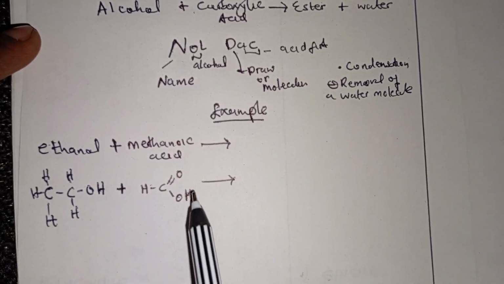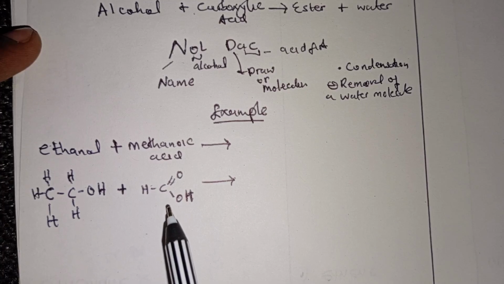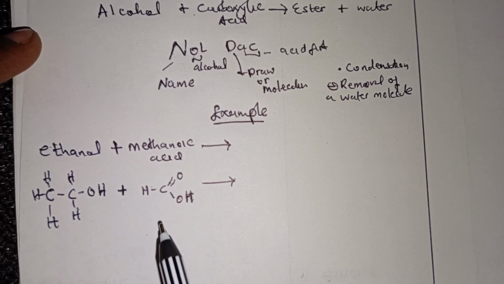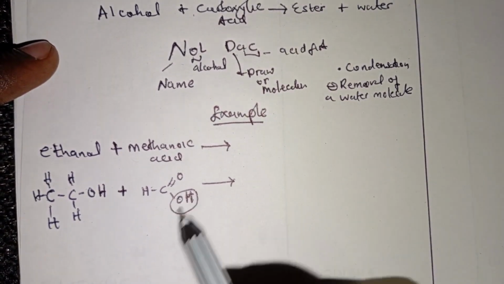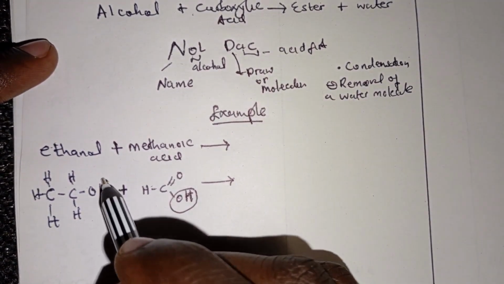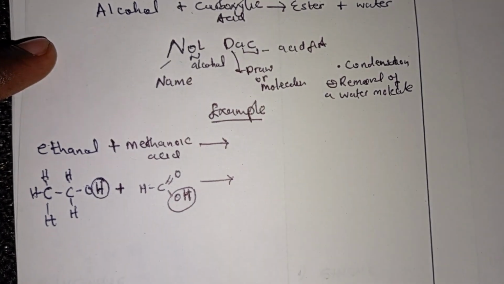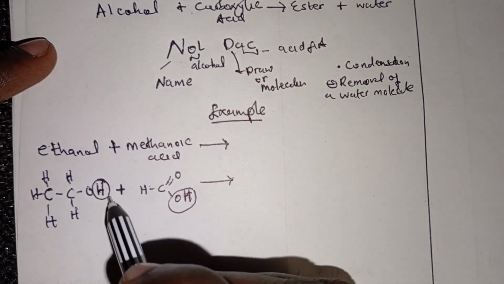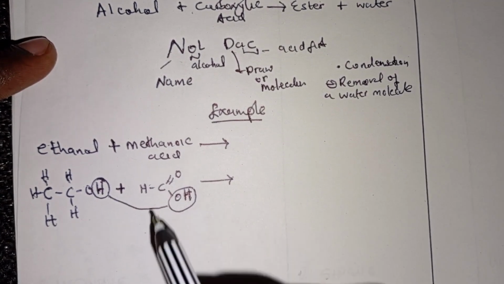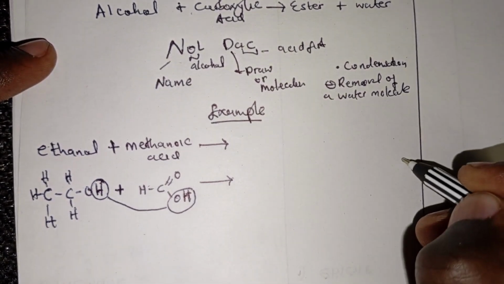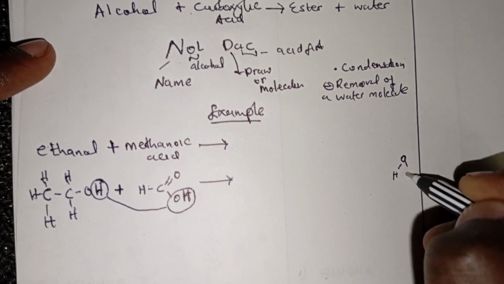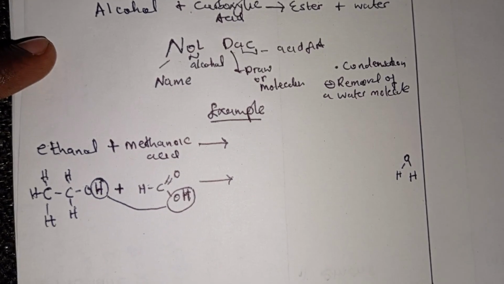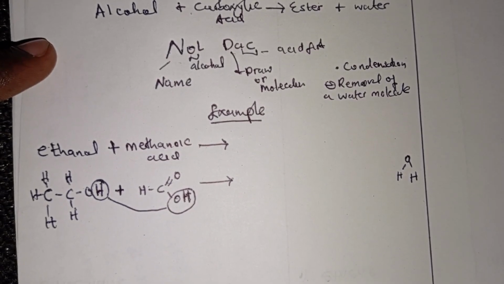The OH usually comes from the acid. So this OH here reacts with the H from the alcohol. When you bring these two together, they will produce water this side. Water is produced there.